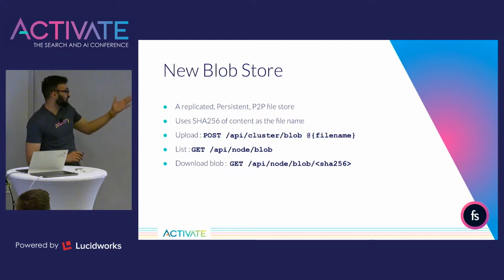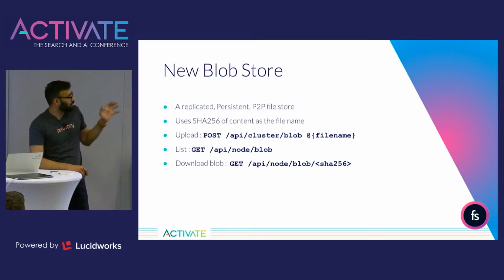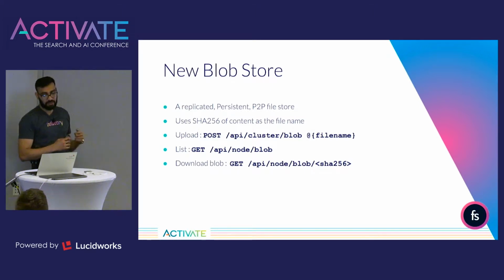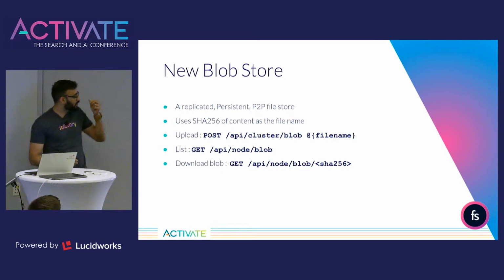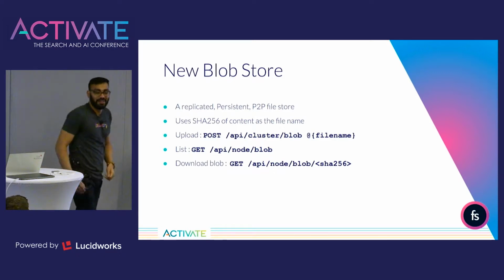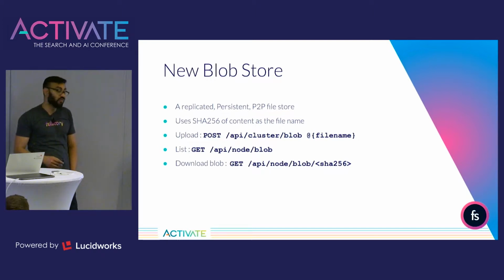You can upload a blob by just posting your jar file to /API/cluster/blob. This command will distribute it across the cluster to each node in no time. What it does is ask other nodes to get it from other nodes, so you can scale it to a very large number of nodes pretty easily.